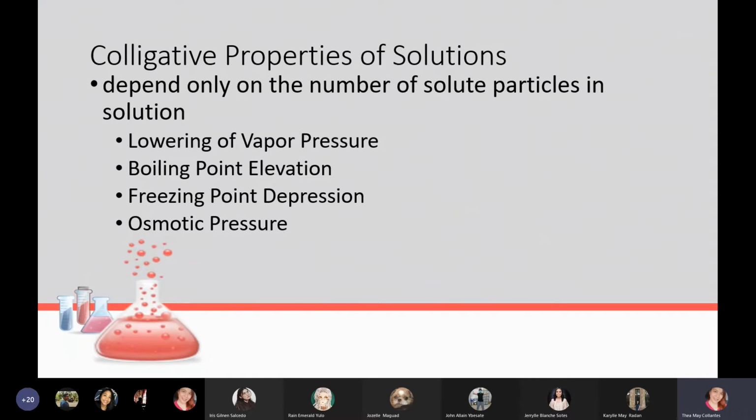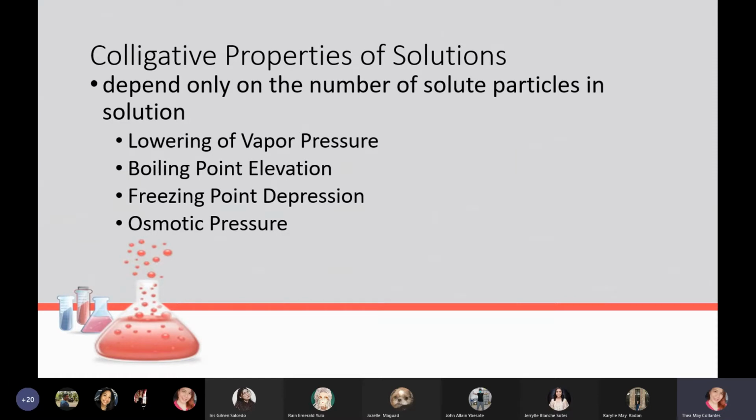Anyone? Okay. So when we talk about lowering of vapor pressure, let's establish first what vapor pressure is. It is the pressure above your liquid. Any solution containing a liquid phase, solvent, or liquid solute, as long as it evaporates, will have vapor pressure, because at some point the solvents or solutes in your solution will eventually evaporate.